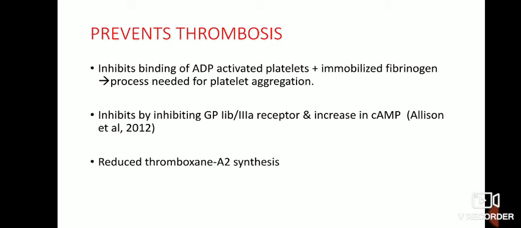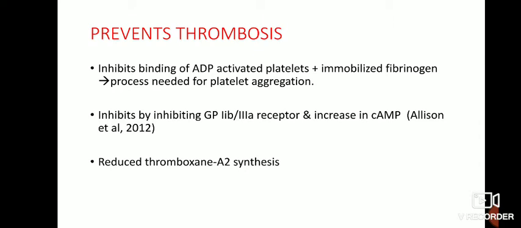And another new and astonishing effect of garlic is that it prevents thrombosis. There is proven evidence from trials that it inhibits ADP-activated platelets binding to immobilized fibrinogen. This process is very essential for platelet aggregation and formation of a clot when there is any bleeding episode anywhere in the body.